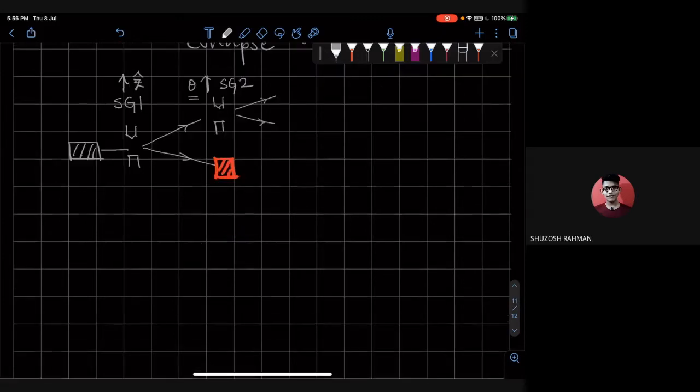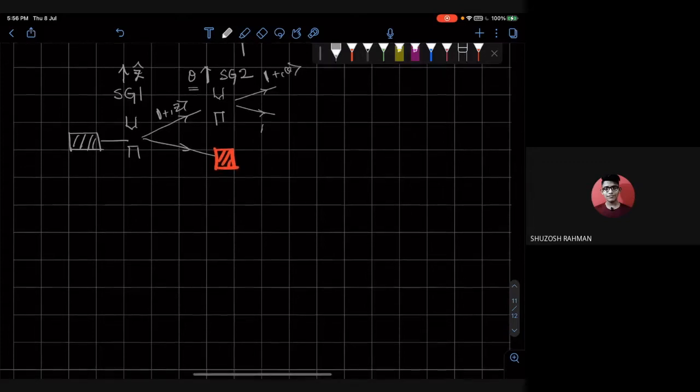So let's first see how we can express this beam, which is plus Z, in terms of this beam, which is plus theta, and this beam, which is going to be minus theta, right?